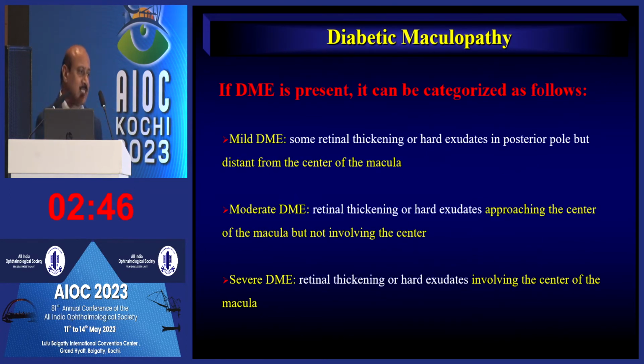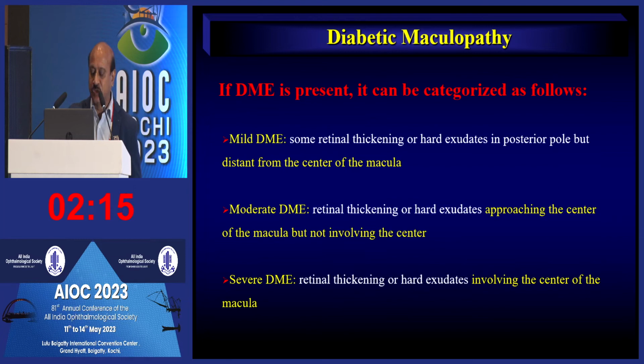Now let us temporarily go on to diabetic maculopathy. It can be a mild, moderate, or severe diabetic macular edema, depending upon how much the center of the macula is getting affected. And here again, you always look for exudates, but it is the retinal thickening which is the very important sign, and which can be picked up only by slit lamp biomicroscopy with 90D examination.